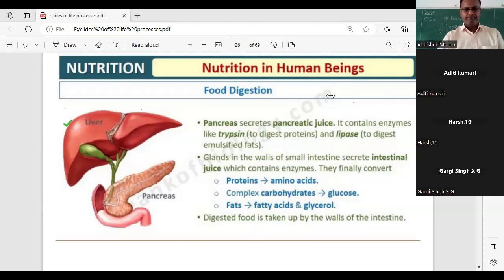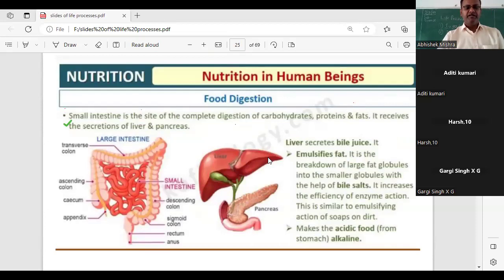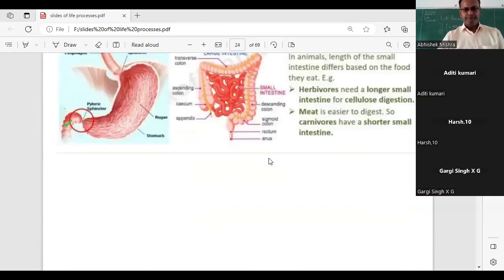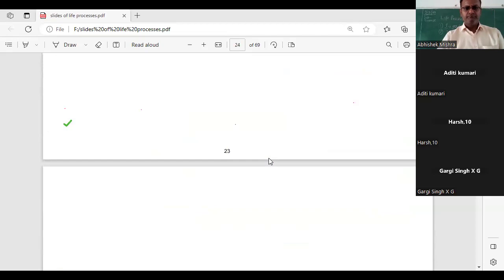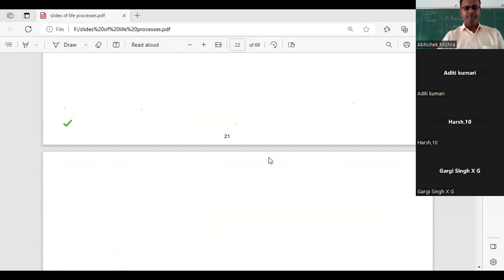In the mouth, the salivary gland is present. The salivary gland secretes saliva, which contains the enzyme salivary amylase. The salivary amylase breaks down the starch present in our food.